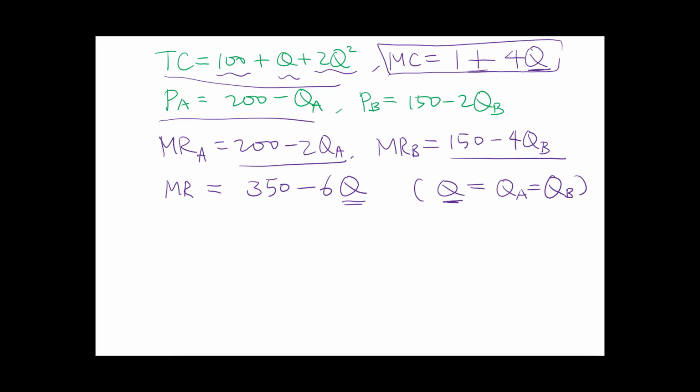So I have this marginal revenue for both products, which we call total marginal revenue for joint products, which is simply by summing up these two expressions.